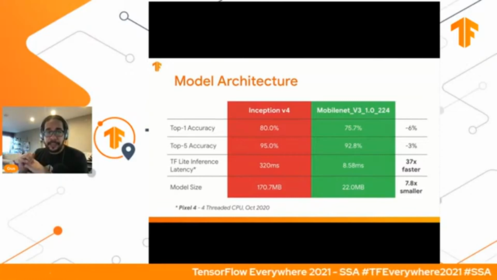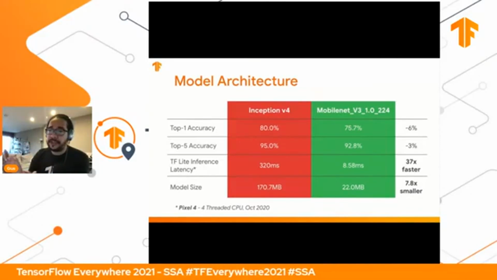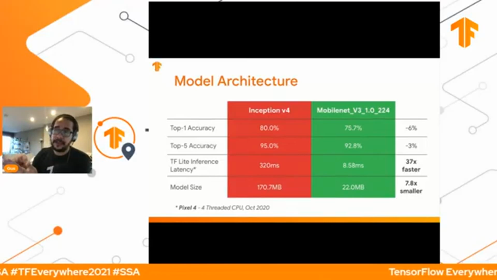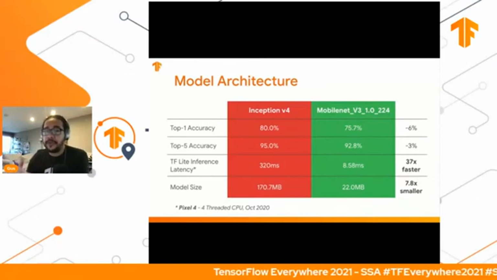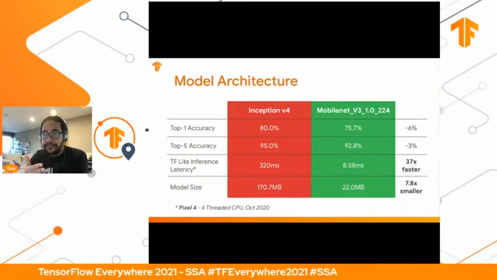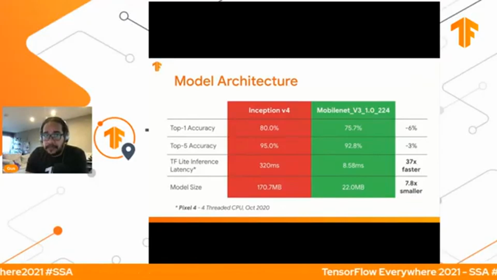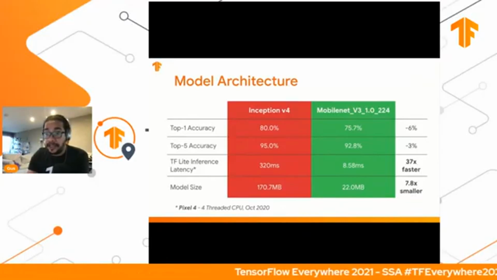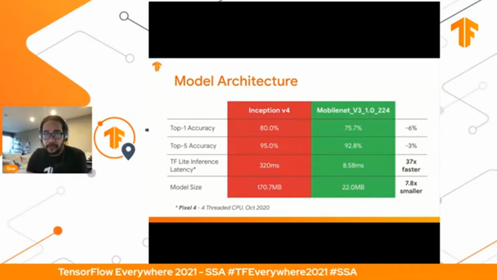For example, if you have an app where the user looks at a picture and you want to give tags, like this is a picture of pets or has a dog, you can help the user categorize their pictures. Returning a top 5 accuracy, all 5, and then the user chooses which category he wants, that's huge, right? That's very good UI. That's a very good use case. And with 92%, it's still super great.